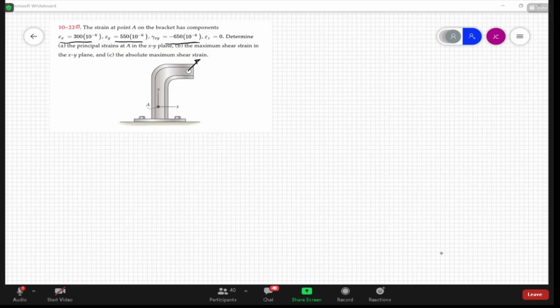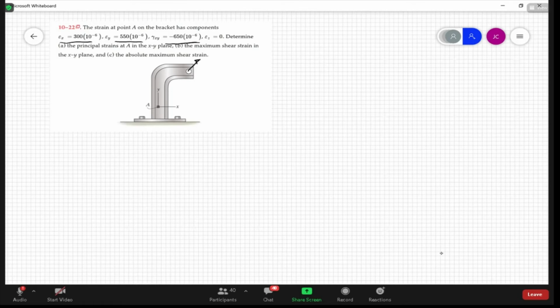Okay, and then they give us that the normal strain out of the plane is 0 as well. If you're not given other components of strain or stress, it's reasonable to assume that they are 0. If they only give you a couple of components of stress or strain, the assumption is that the other components are 0. Here they give you the normal strain in Z, but they don't give you gamma ZX and gamma ZY, which again I would assume are also 0 here.